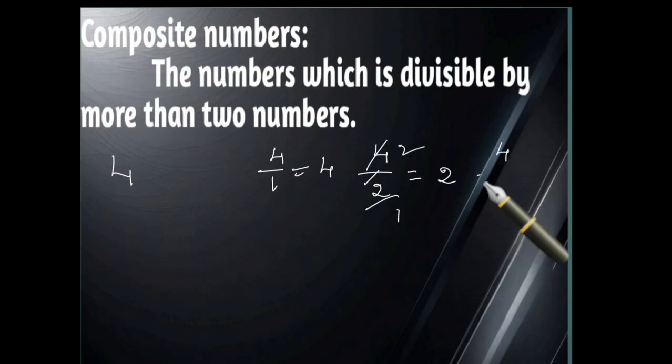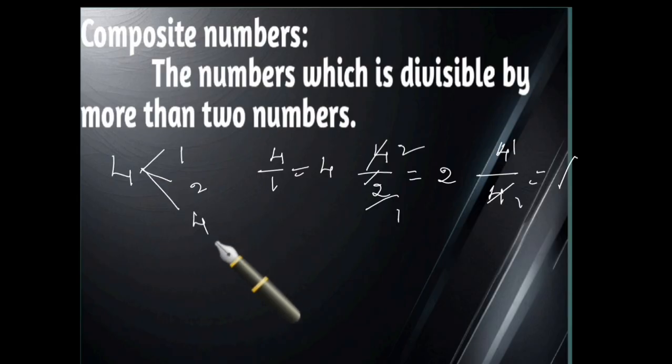So 4 is divisible by the same number 4, and the result is 1. Here we have 3 factors, 1, 2 and 4. These numbers are called composite numbers.